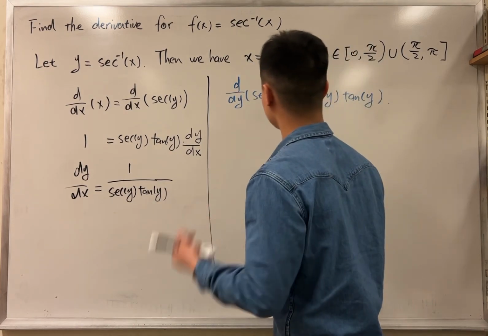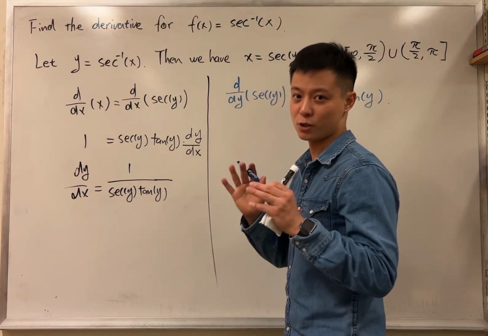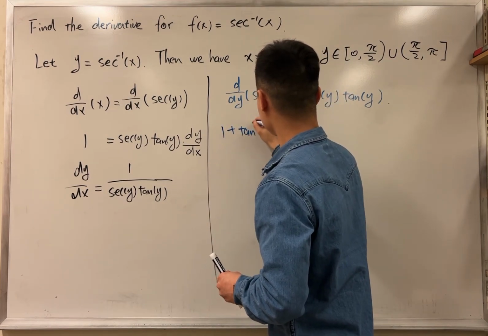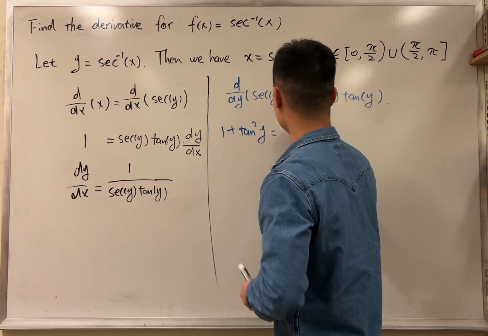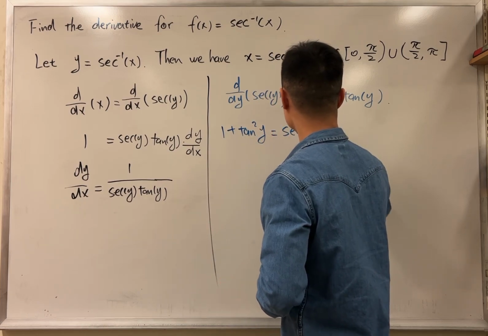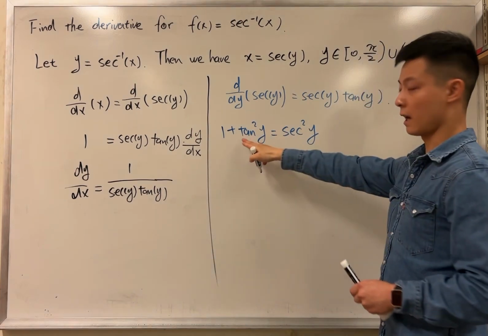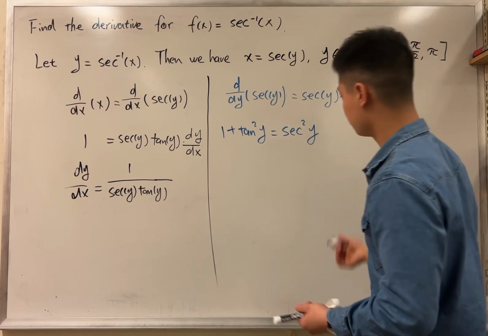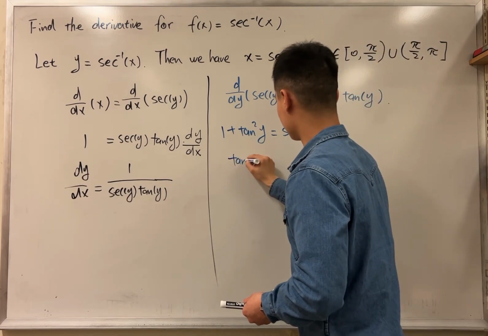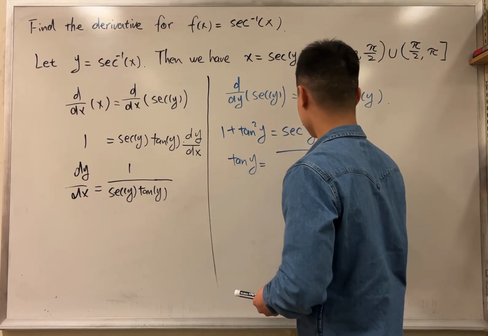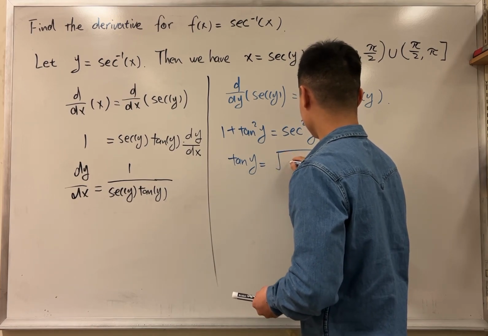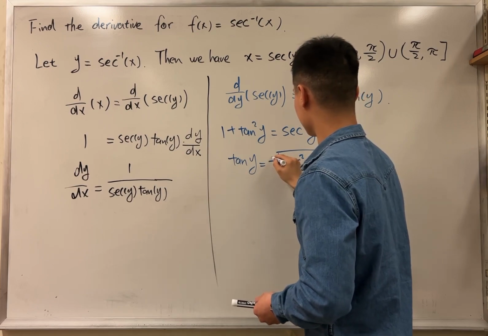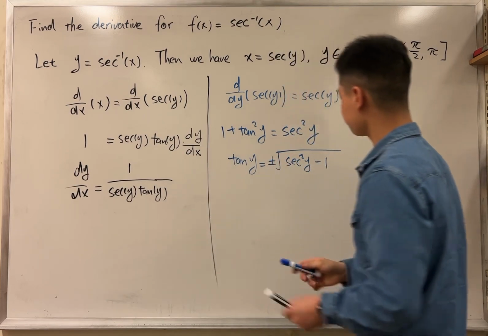You may want to think of the trig identity, which is 1 plus tangent squared equals secant squared. Then you can solve for tangent by moving this to the right side and taking a square root. The tangent of y can be expressed as the square root of secant squared minus 1. Of course, you will need a plus or minus sign.